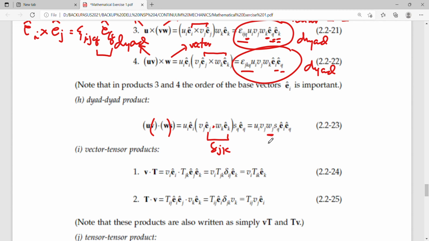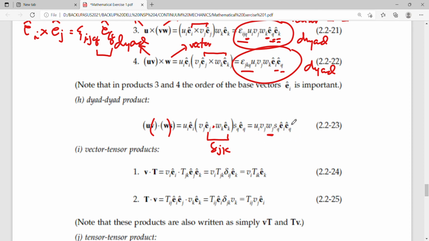You can also make it the other way around, but since these are dummy indices, it doesn't change anything. So this is now a v_j w_j, or a v_k w_k.